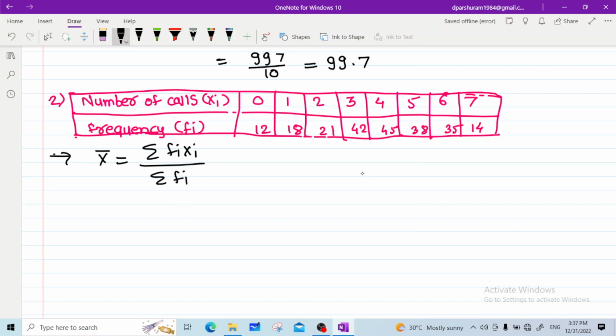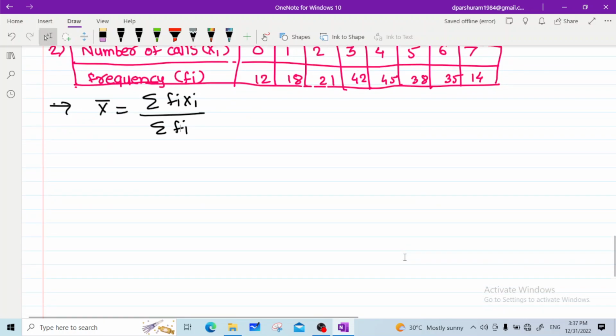Now we construct the table. In column number 1 we put the values of xi, in column number 2 the frequencies fi, and in column number 3 we calculate the product fi xi.